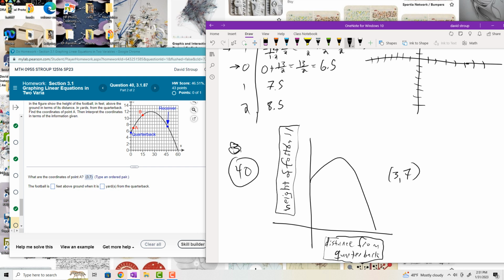No, yards. So when the football is 3 yards from the quarterback, the football will be 7 yards above the ground.